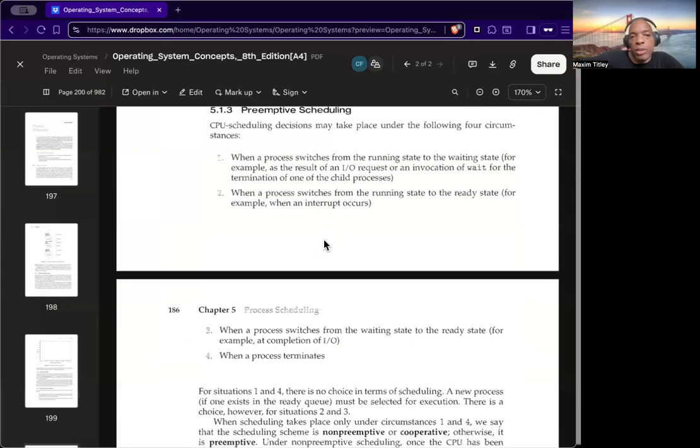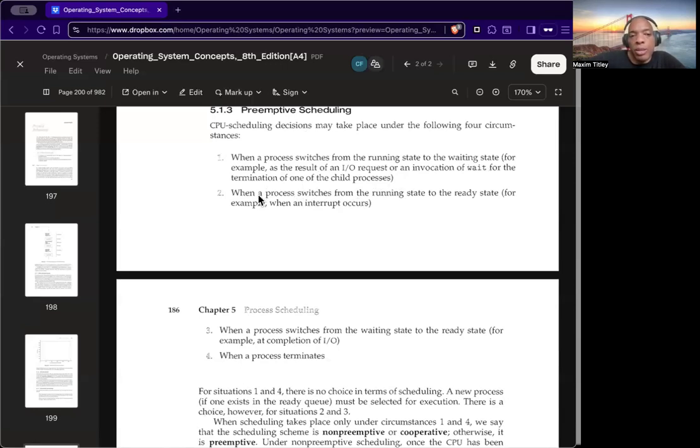So now, preemptive scheduling. In this particular case, the CPU scheduling decisions are going to take place under the following circumstances. Number one is when a process switches from the running state to the waiting state as the result of an I/O request or an invocation of wait for the termination of one of the child processes.